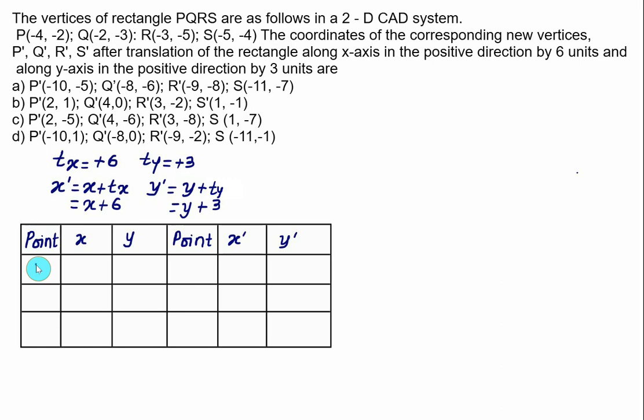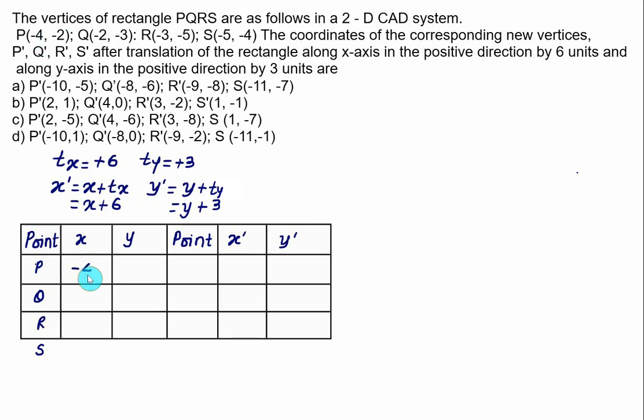We have points P, Q, R and S. The point P has a coordinate of (-4, -2). In that case, we have P prime: x prime is x plus 6, -4 plus 6 is equal to 2, and -2 plus 3 is equal to plus 1.